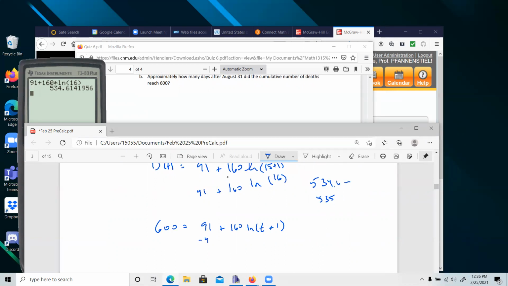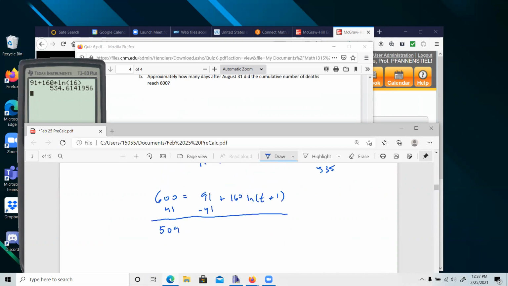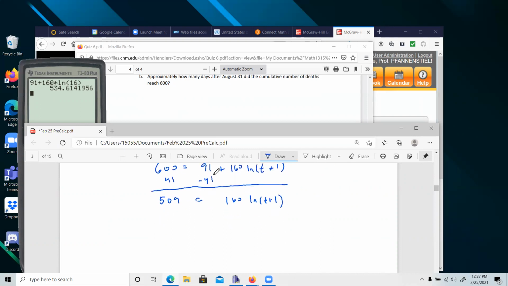So subtract 91 from both sides. 600 minus 91 is 509. That is equal to 160 natural log of t plus 1. We still have to get this out, right? So we're still going to divide by 160, divide by 160.